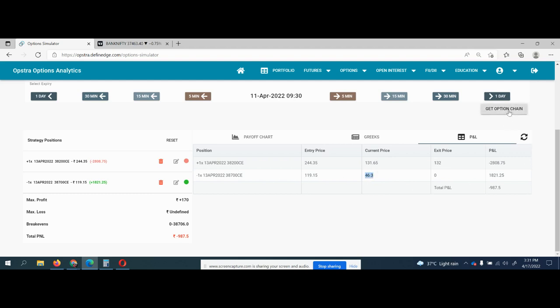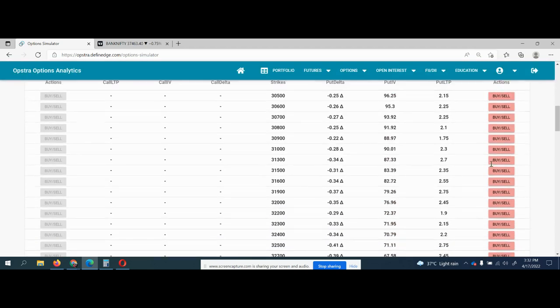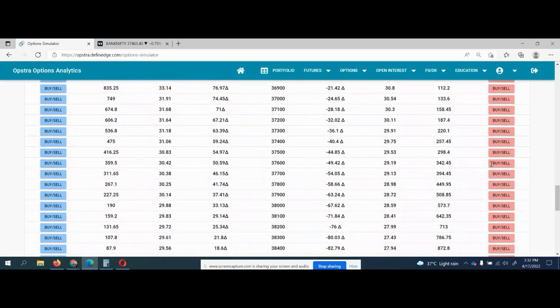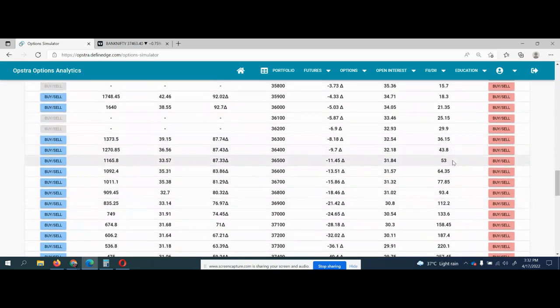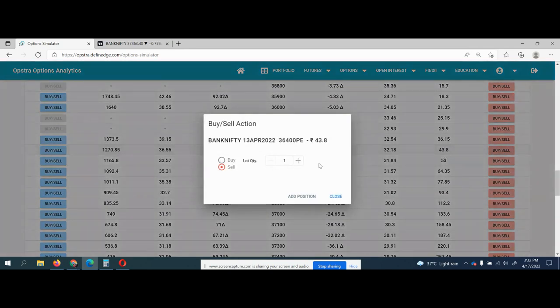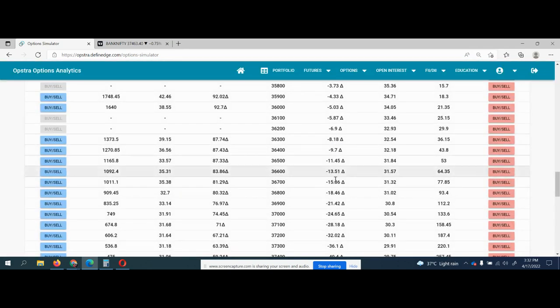I'll go to option sell, make a note of this 46. We have to sell the put close to this premium. 46. I'll go to the option chain. I'll look out for 46 premium. I do not have 46, so I'll be selling this put. I'll sell one quantity.